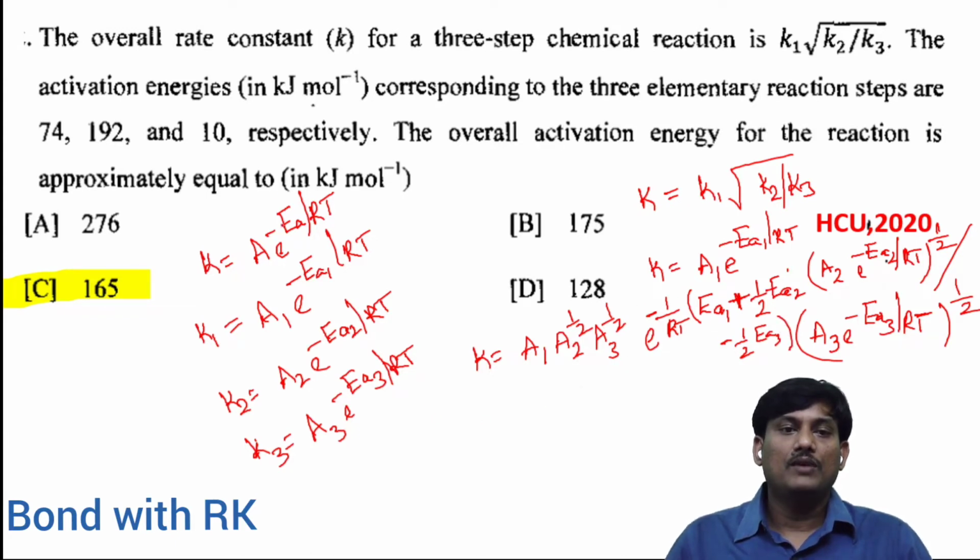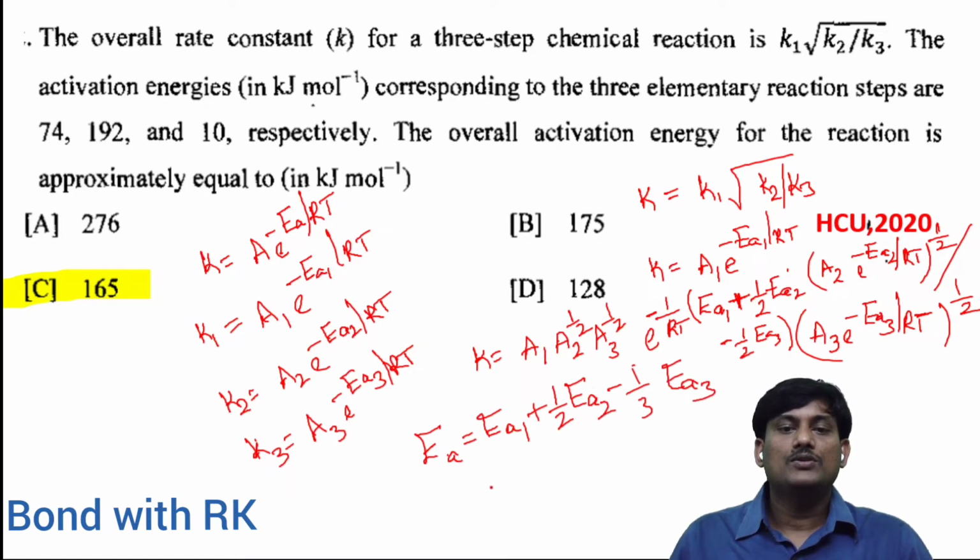So finally, the overall Ea is equal to Ea1 plus 1 by 2 Ea2 minus 1 by 2 Ea3.